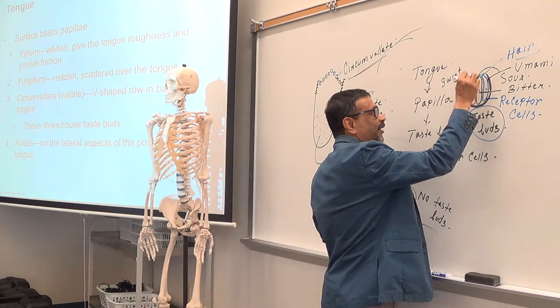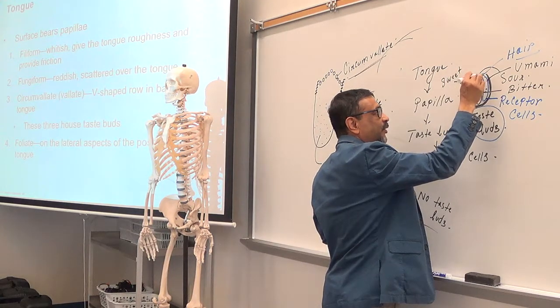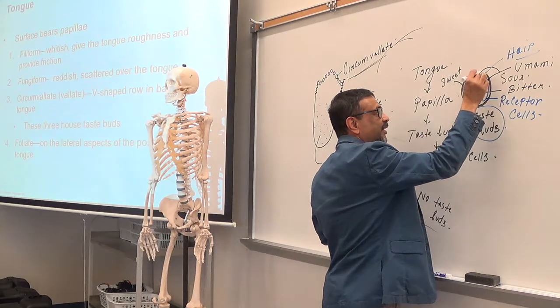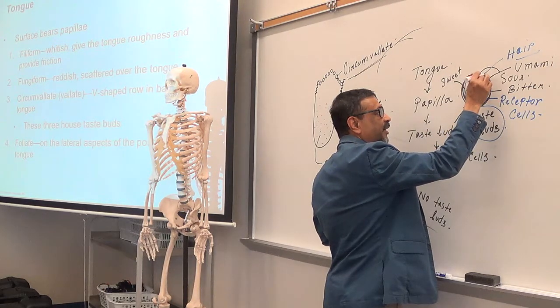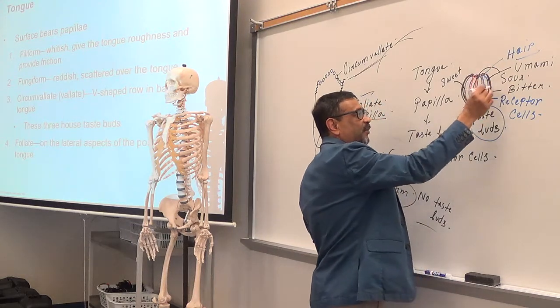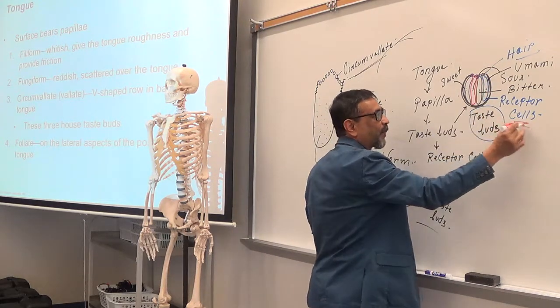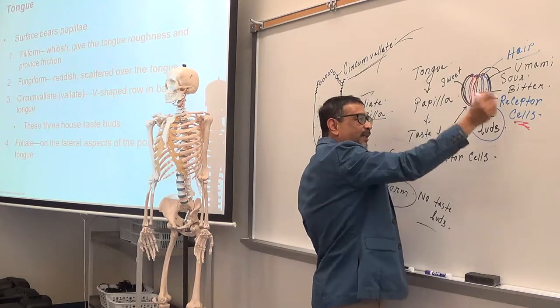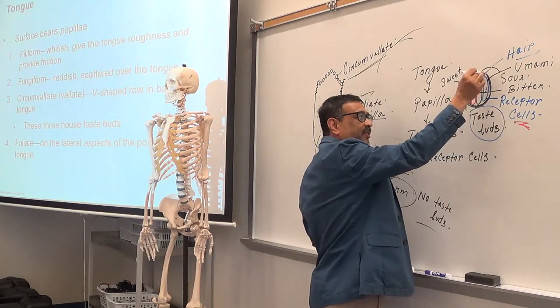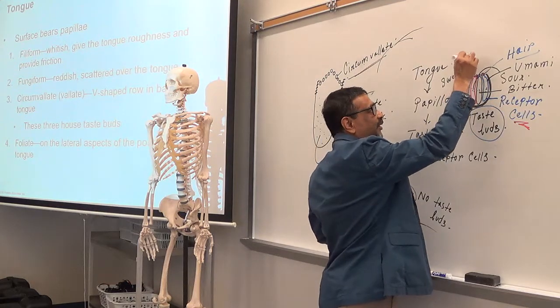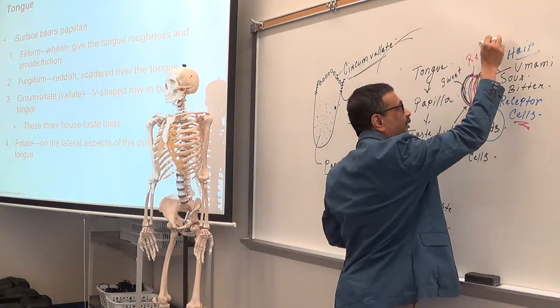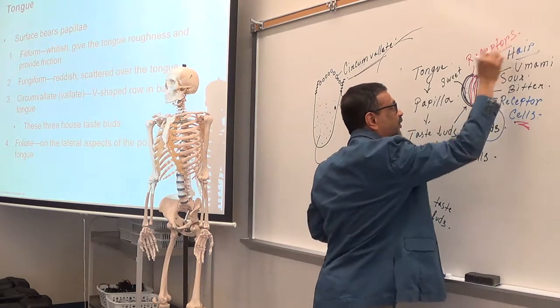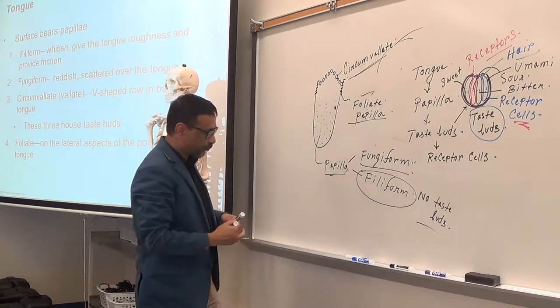So now remember, I mentioned before too, when I talked about the olfactory, on the cilia, you remember the smell receptors are there. So receptors and receptor cells are two different things. These tiny structures attached to the hair, these are the receptors. And this whole thing is the receptor cell. Okay? So why are these called receptor cells? Because they have receptors on the hair. Okay, so receptors attached to the hair.